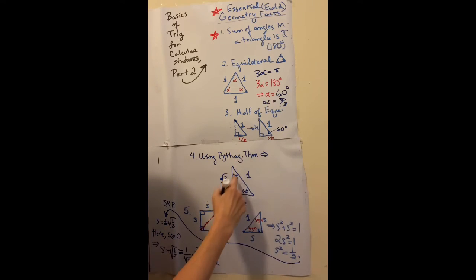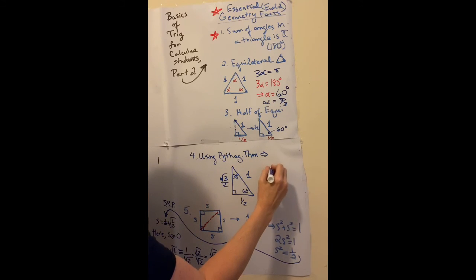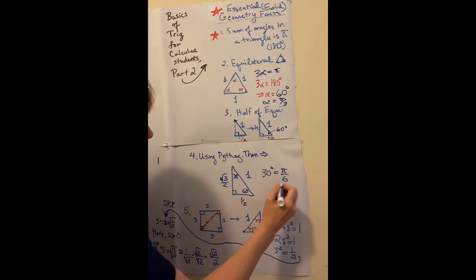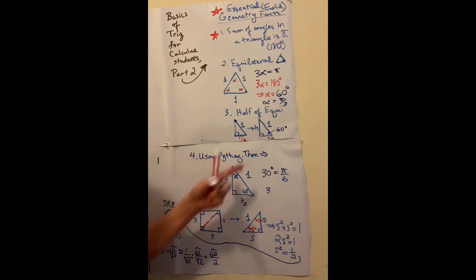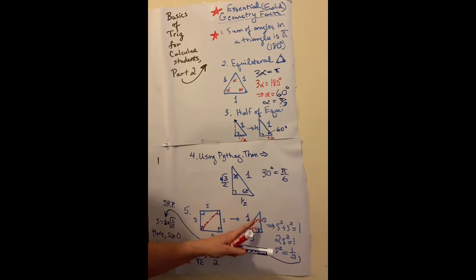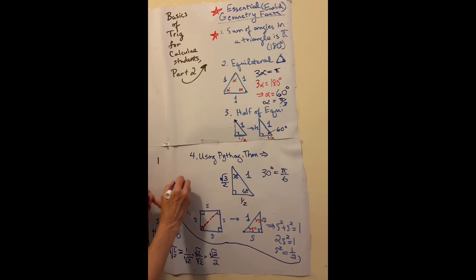That would make this 30-degree angle equal to pi over 6. How about these guys? Notice we had a right angle, also known as pi over 2. We split it in half. 1/2 of that is equal to pi over 4.